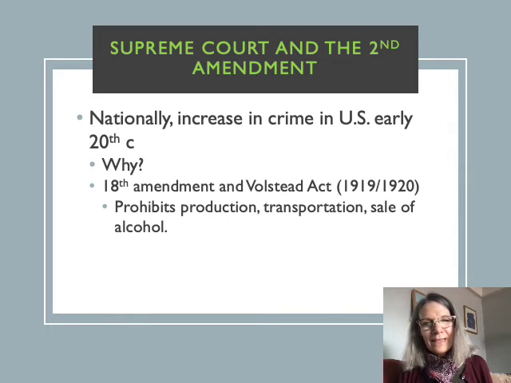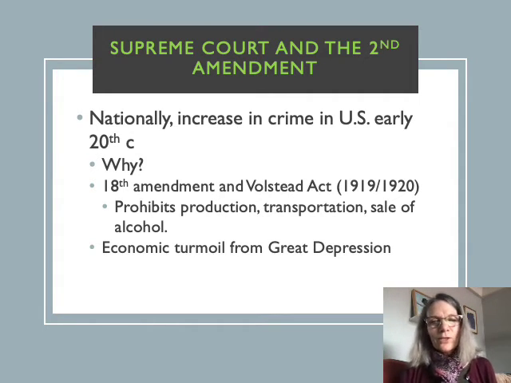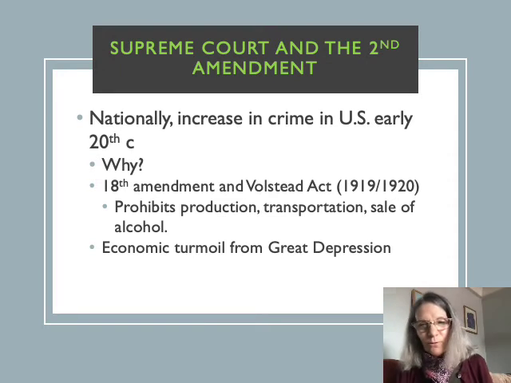When we prohibit things, the production, transportation, and sale of alcohol just goes underground. It goes into criminal enterprises. And because of the criminal enterprises that develop around the bootleggers, you see this rise of crime associated with people fighting over turfs, their bootlegging turfs.